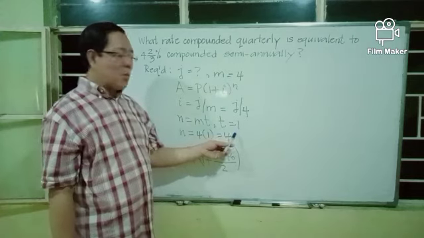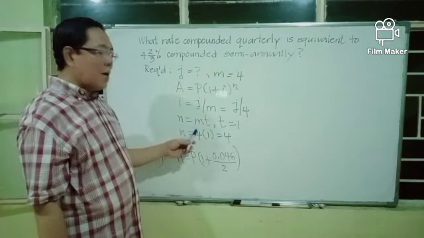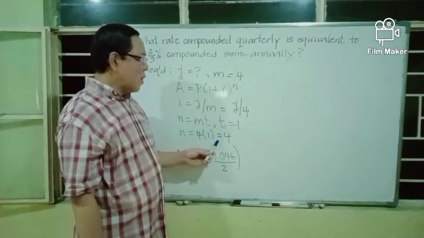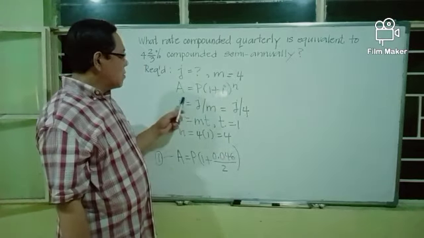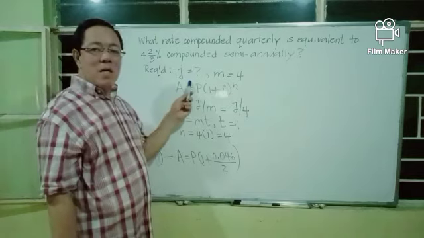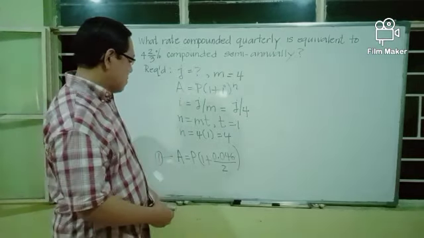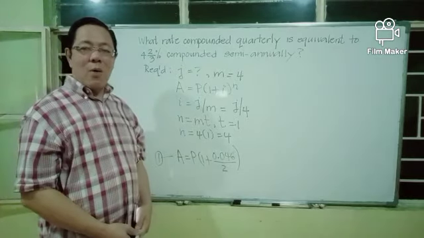So when T equals 1, N now is equal to M, 4, multiplied by T, 1. 4 multiplied by 1 is 4. We now write the accumulated value at the unknown compound interest rate. And that would be our equation 2.